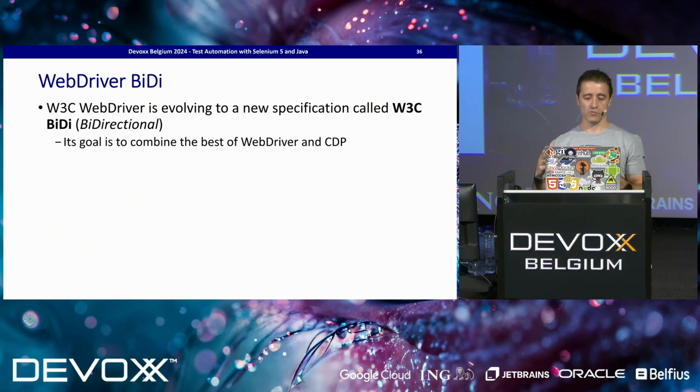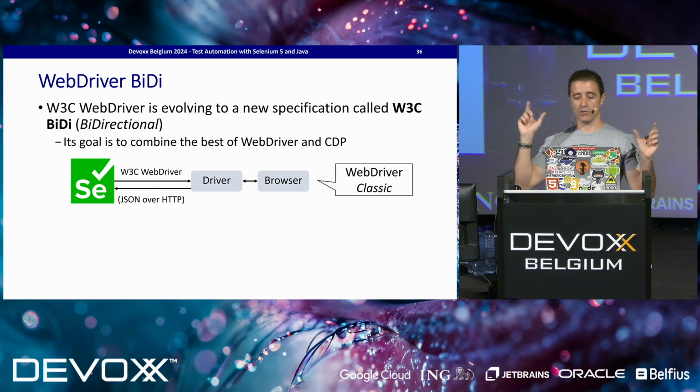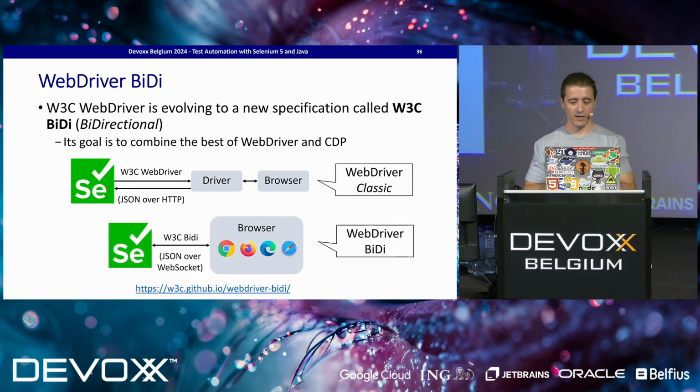And the idea is to combine the best of these two worlds: the already existing WebDriver protocol, which today we call WebDriver Classic, right? This communication protocol based on HTTP, with a driver in the middle between the client and the browser. And the W3C web group is creating this new specification, WebDriver BiDi.